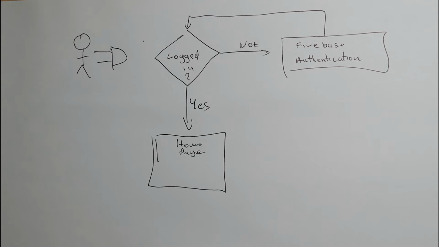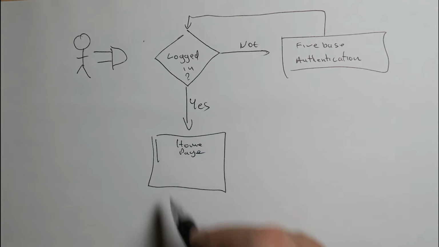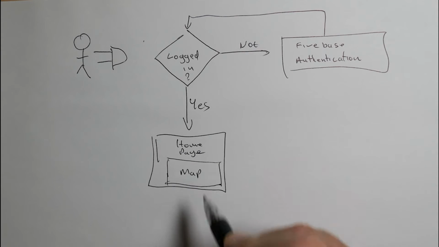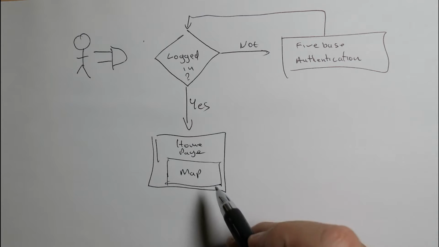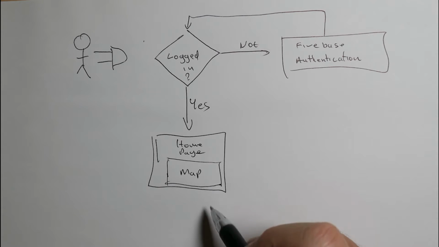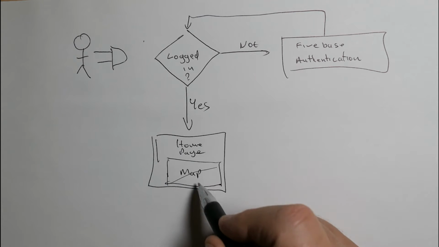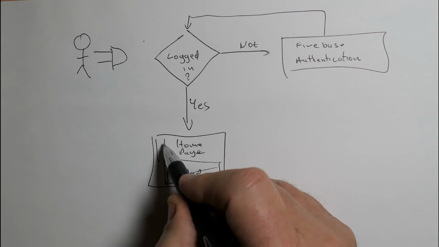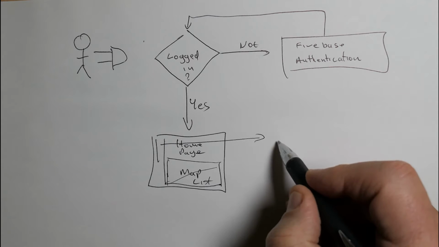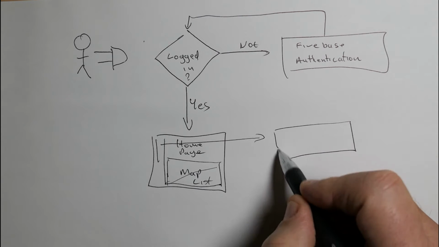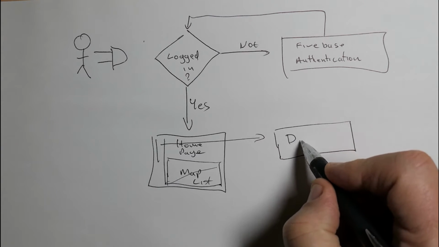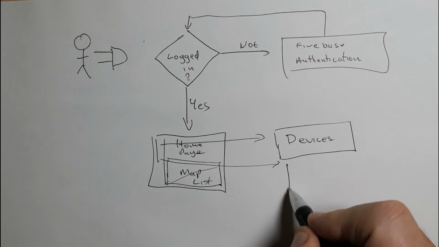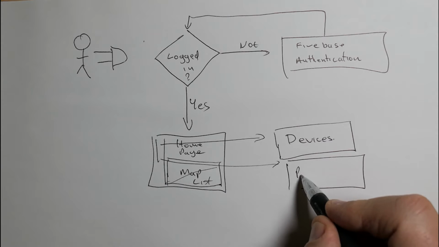which I'm expecting to show a list of devices and their status. So I may get sophisticated and show that on a world map, or it may be just a listing, or it may be both. Maybe you can show a map or a list. We'll have our normal menu drop down, and the things the person can administrate are devices and probe definitions.